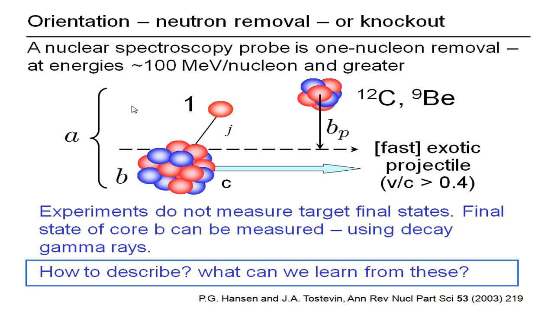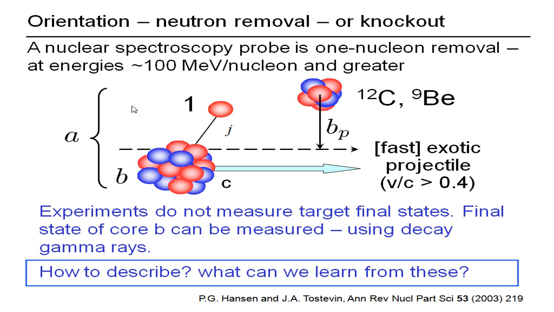Okay, so there's the composite nucleus. There is a target, carbon-12, beryllium-9, something light, so the Coulomb effects are very, very weak. This is fast, 100 MeV per nucleon, as we saw a moment ago, is about 40% of the speed of light. And this comes in, and what you observe is that this object, let's call it the core, or B, is seen to be travelling after the reaction in a forward direction, namely the projectile is seen to have lost one nucleon.